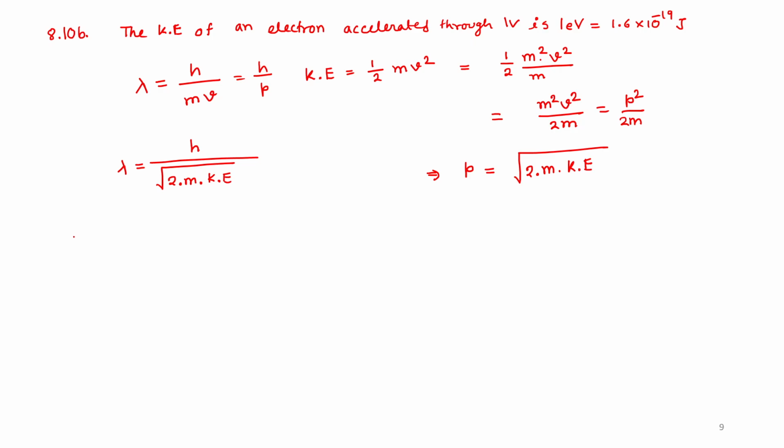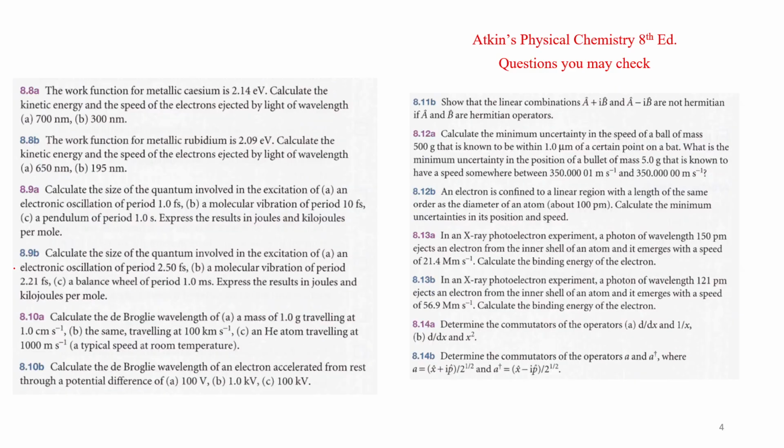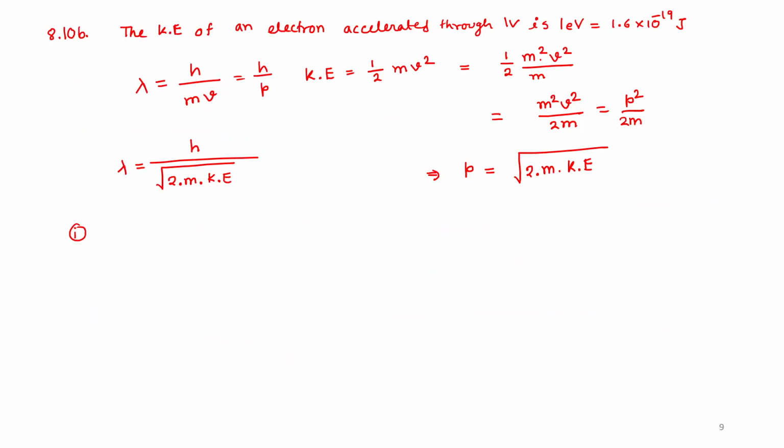Now the first one was 100 volt, I guess, passing through a potential difference of 100 volt. So the kinetic energy in the first case is 100 electron volt. That is 100 into 1.6 into 10 to the power minus 19; as I told, better to go to the SI unit, joule. So 1.6 into 10 to the power minus 17 joules. So what would be the wavelength?